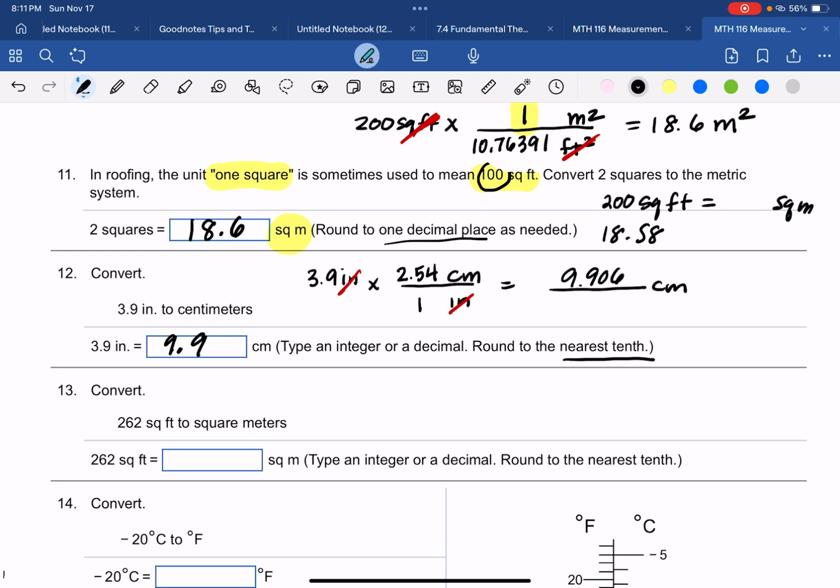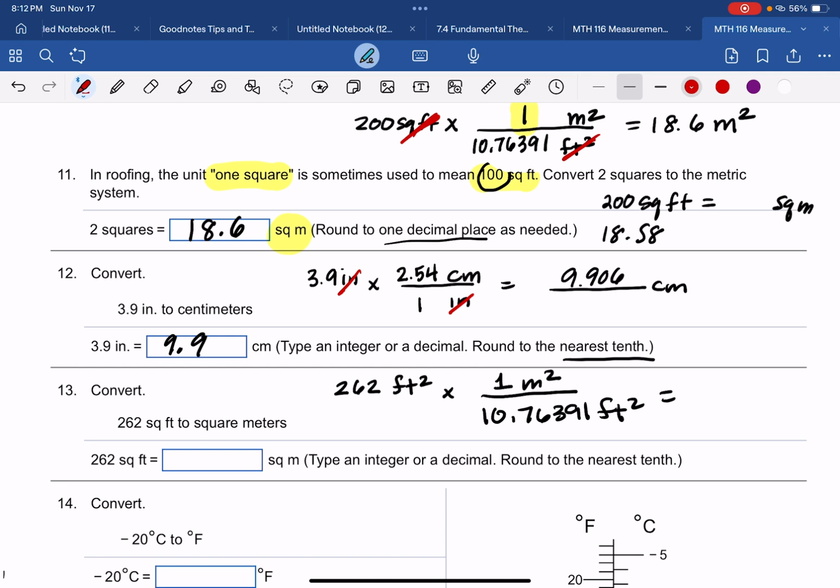Number 13, 262 square feet to square meters. And we just did one of those earlier. So 262 square feet, and 1 square meter is 10.76391 square feet. So the square feet are going to be gone because one unit's on top and one's on the bottom.